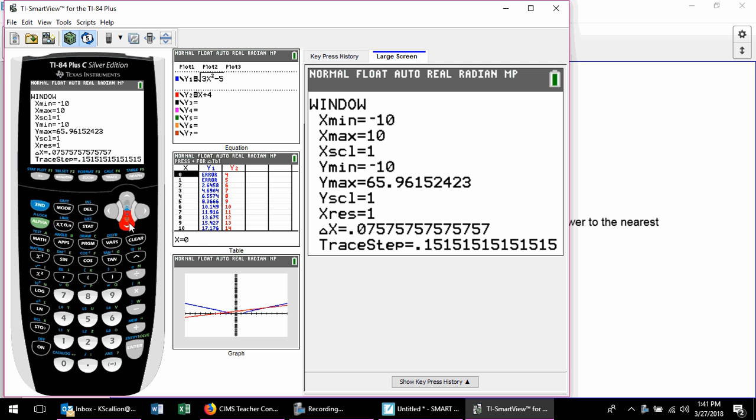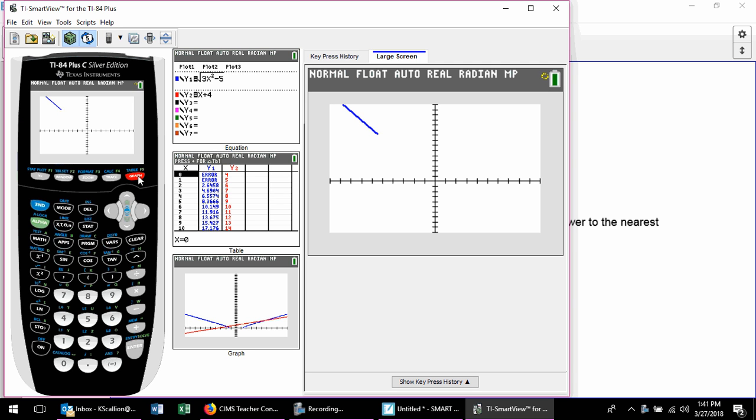My y maximum, I could probably get away with not 15.